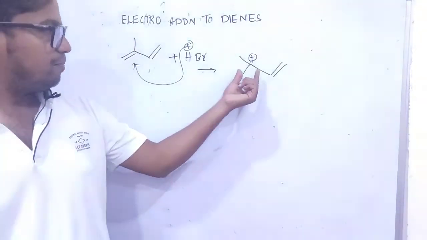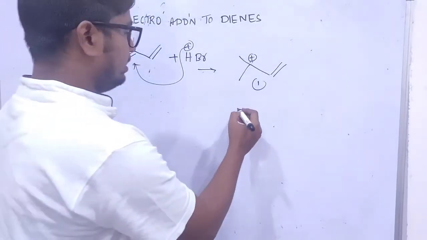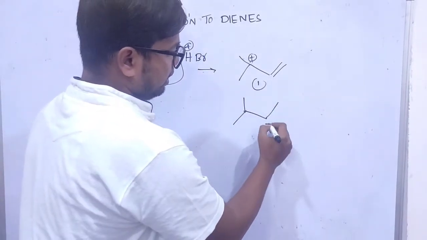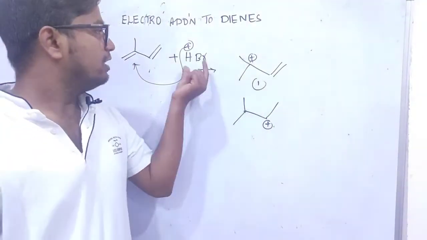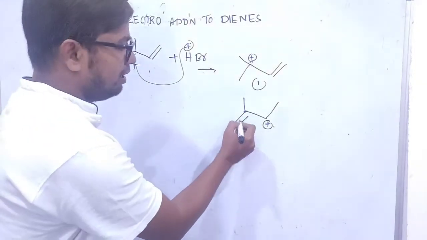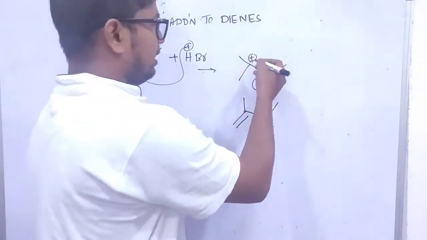This is one possibility, and another possibility is formation of the carbocation here, when this proton is going to add here. So which is the stabler one, either this or this? Both are allylic. See, both the positions are allylic only, right?